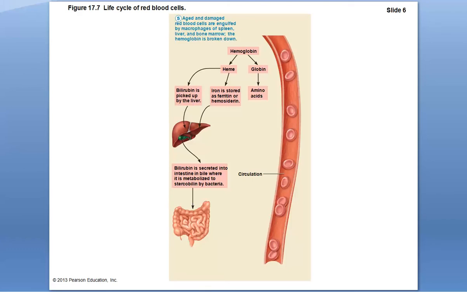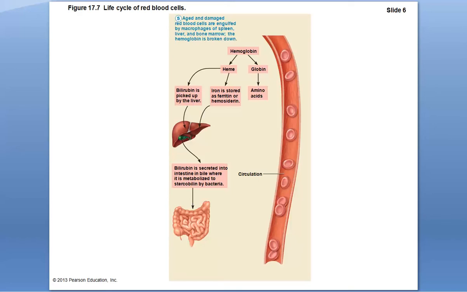And the heme portion takes a little more work to recycle and reuse. So the heme portion, the iron-containing portion of your hemoglobin, is converted to a chemical called bilirubin. That's a yellowish pigment, and that pigment is picked up by the liver and processed in a couple of different ways.